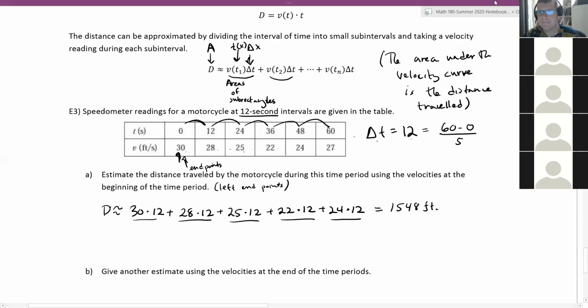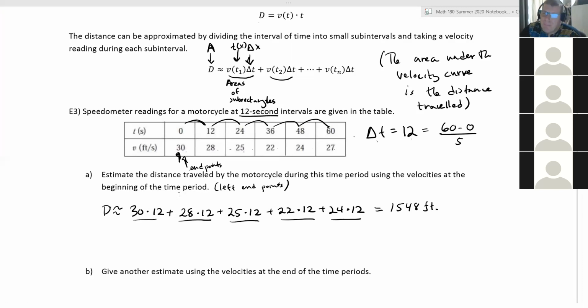But does everybody understand how we got that? We just took distance equals rate times time. We had our delta t, which we figured out was the size of the intervals between each subinterval. And then we had the velocity at a specific point of time inside of an interval, like at the beginning in this case.